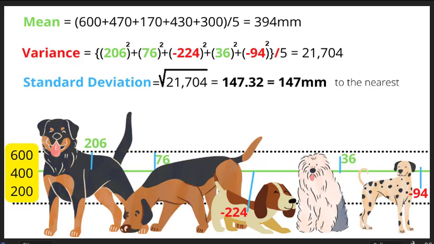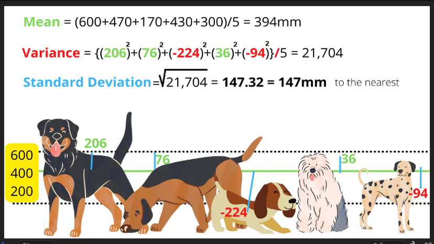This will lead to a variance of 21,704. This is the variance, and the standard deviation is simply the square root of the variance, so it comes down to 147.32.